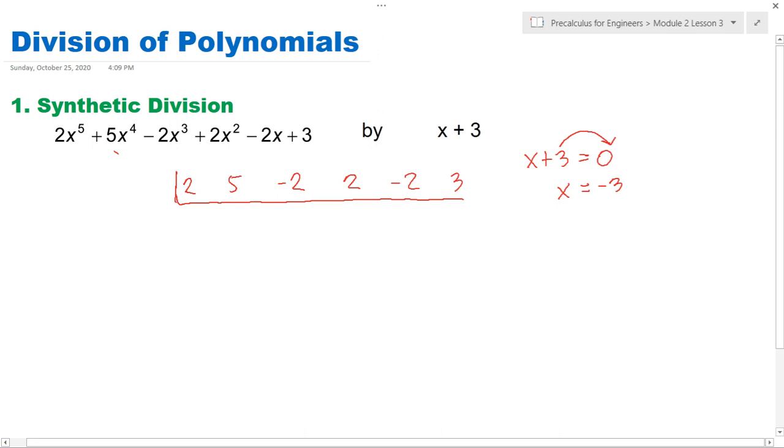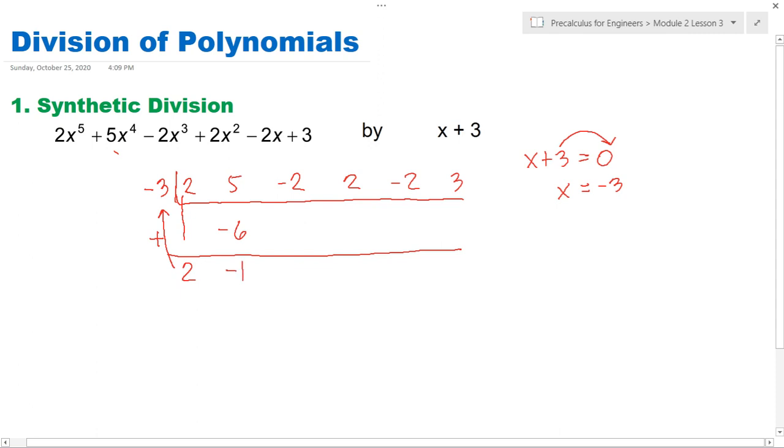Next, negative 3 goes here. Then draw the bar and put addition, since addition is the operation if you go downward. So 2 plus nothing is 2. Then 2 times negative 3 is equal to negative 6. 5 plus negative 6 is equal to negative 1.